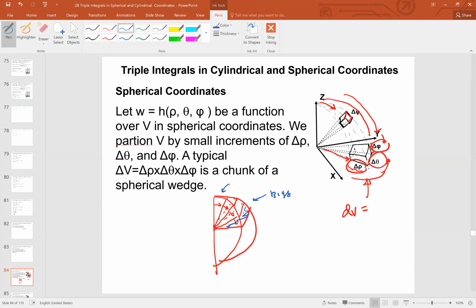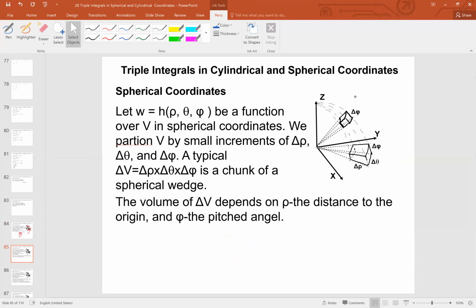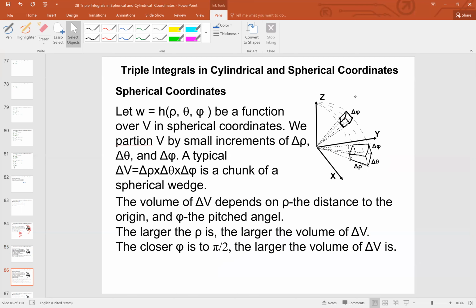So this dV of these little chunks depends very much on the pitch angle. The big chunks are when the pitch angle is close to pi over 2, down below. The small chunks you only get when the pitch angle is close to 0, so it goes to 0.